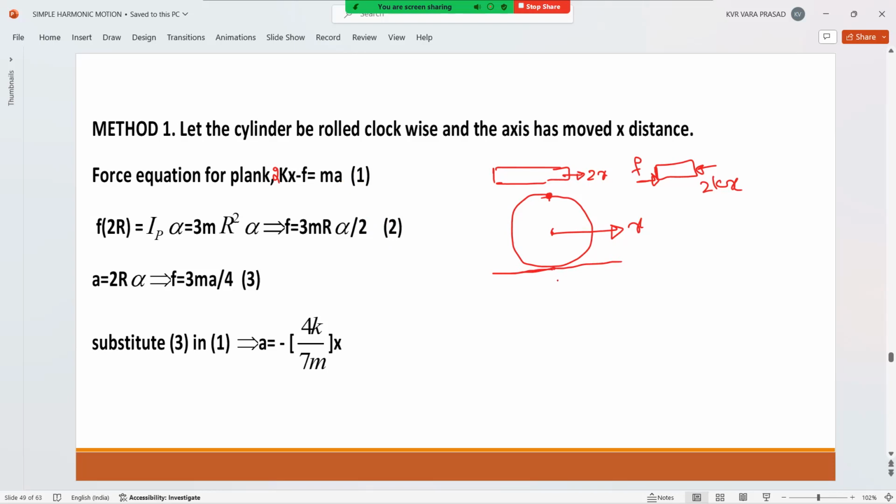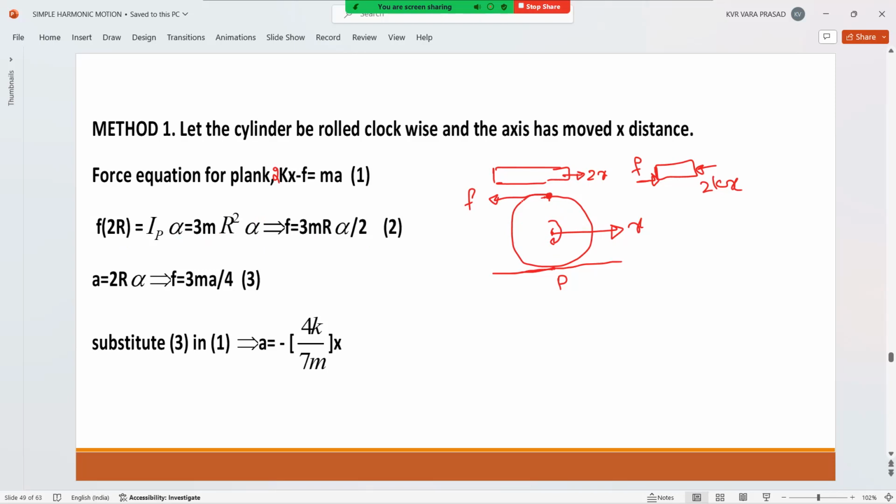Let us call this point P. Then I am taking the torque equation for the cylinder about P. That is f into 2R, because of the frictional force acting at the topmost point, directed to the left. So the torque will be anti-clockwise. It is rotating clockwise, but the torque is anti-clockwise, meaning it is a restoring torque.